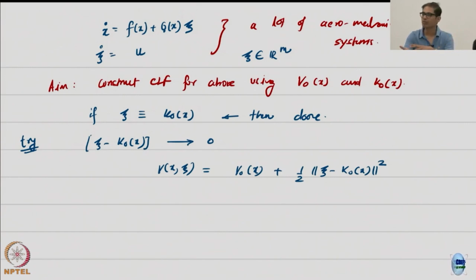Folks in geometry and topology freak out because they say, how can you add velocity and position? What does it even mean? It's a pretty valid question. If this function was nothing but minus of the position, then you are essentially adding position and velocity. Then the question is, what space are you even working in? It's very difficult for them to wrap their heads around it.